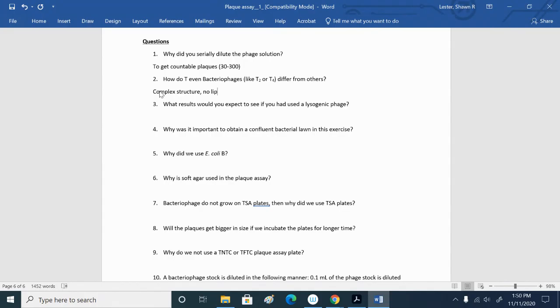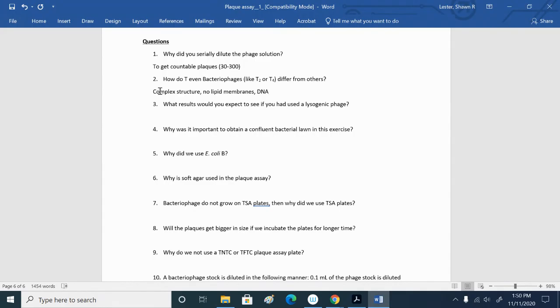What's that? No lipid what? Membrane. Right, no lipid membranes. T-even bacteriophages have DNA only, whereas other viruses may use RNA as their genome.